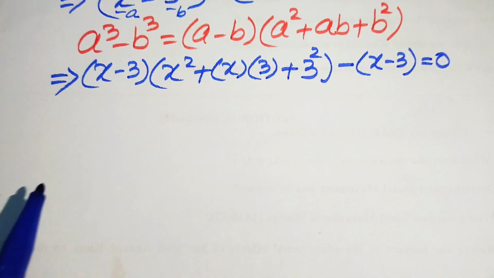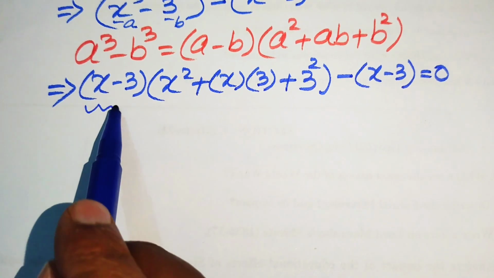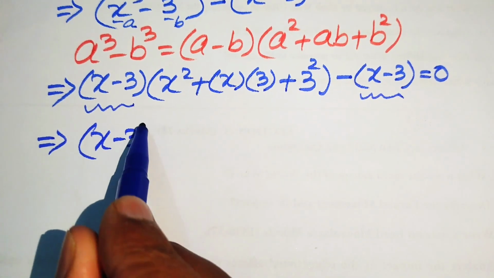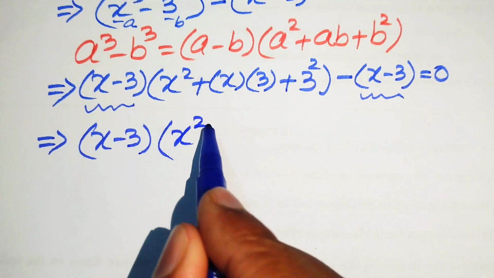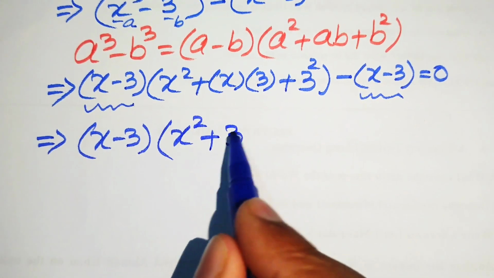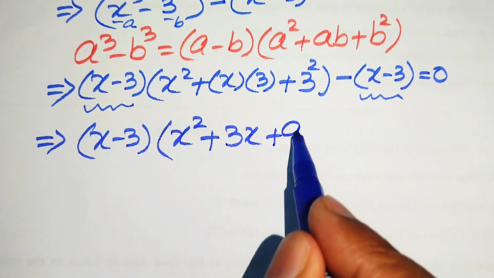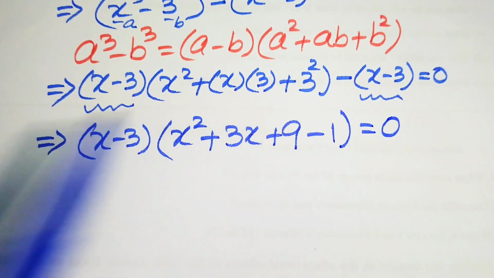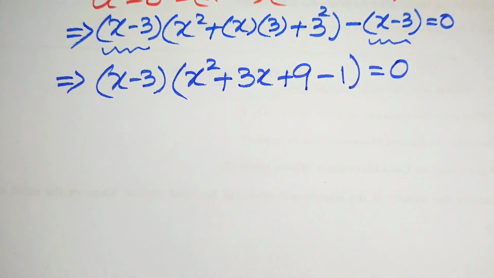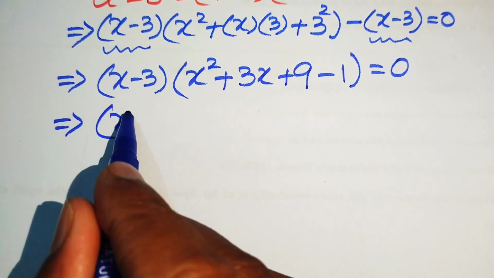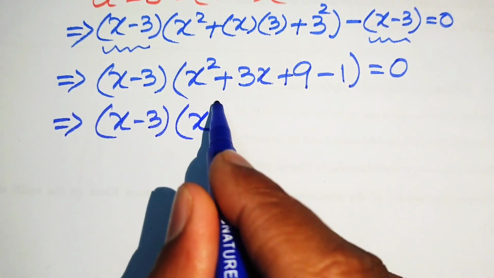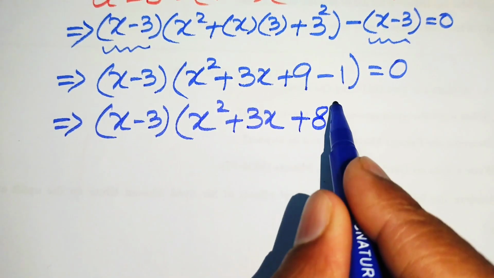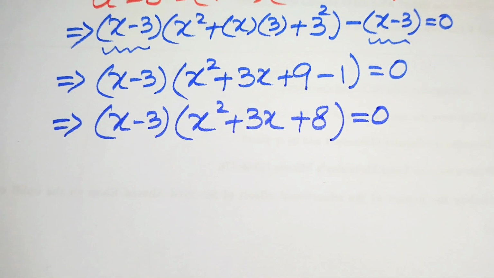Okay, so further, if you focus on both of these terms, we have x minus 3 as the common term, so we take common x minus 3 and the remaining terms are x square plus 3 times x plus 3 square equals 9, minus 1 equals 0. So we have x minus 3 into x square plus 3x plus 9 minus 1, which becomes plus 8, equals 0.